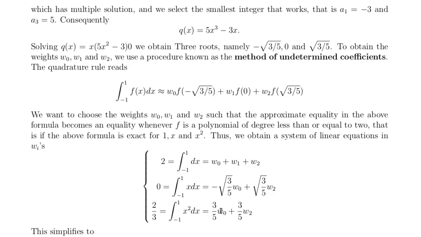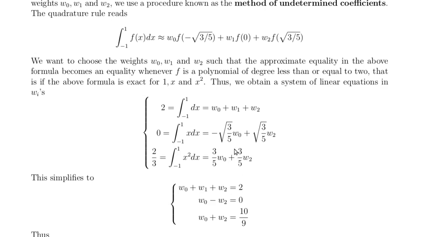And that's exactly what we have here, 3 by 5 times W0. So similarly, f of x is x squared. If x is 0, 0 squared is 0. So 0 will multiply W1, and therefore W1 will not be present. Now, f of x equal to x squared. If x is square root of 3 by 5, and you square it, the result will be 3 by 5. So 3 by 5 will multiply W2, and that's exactly what we have here.